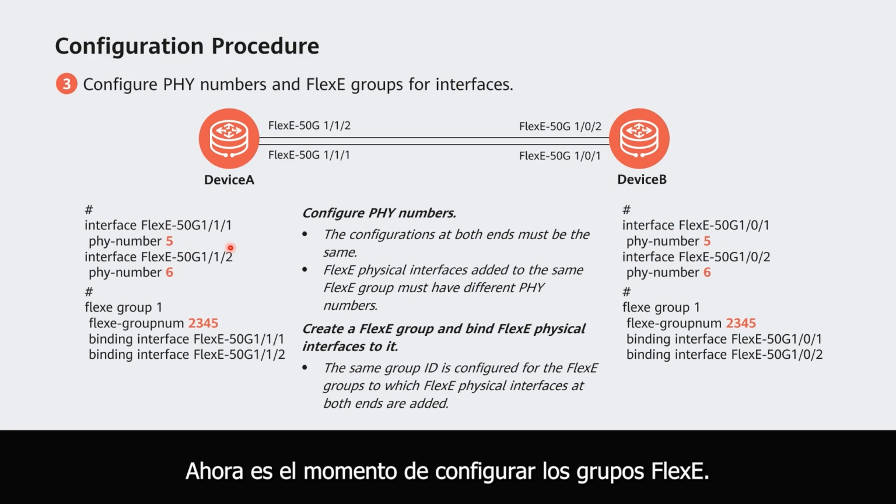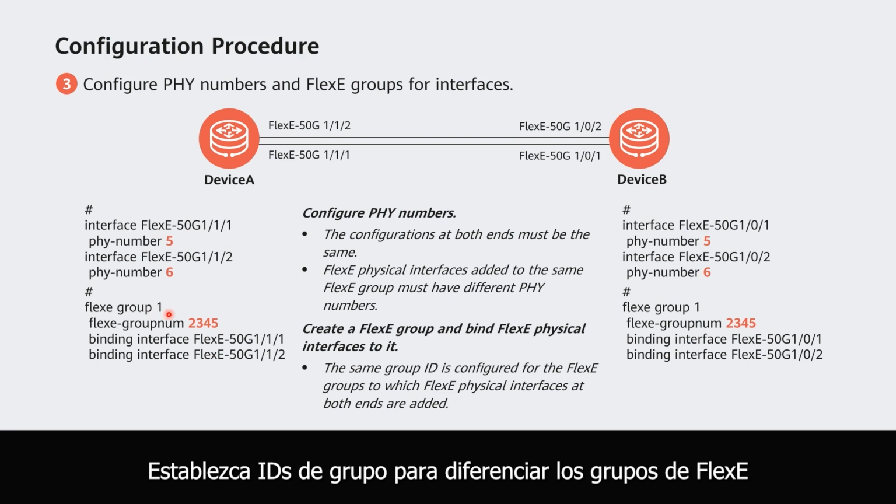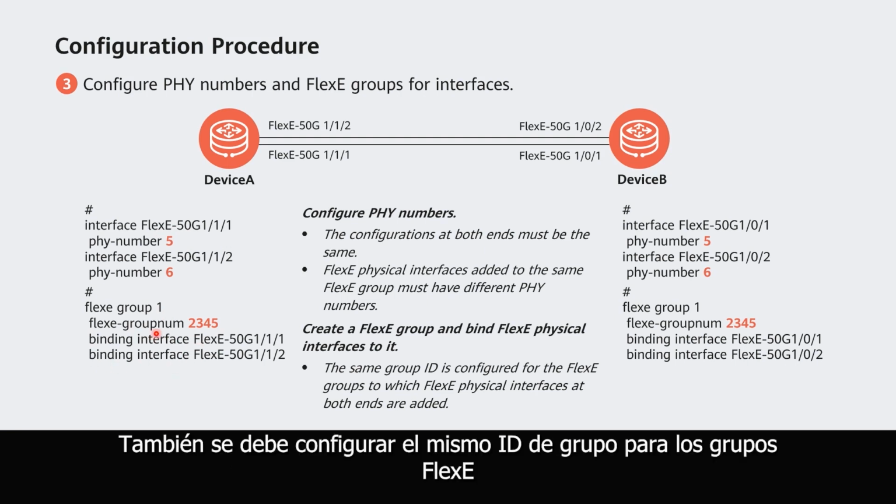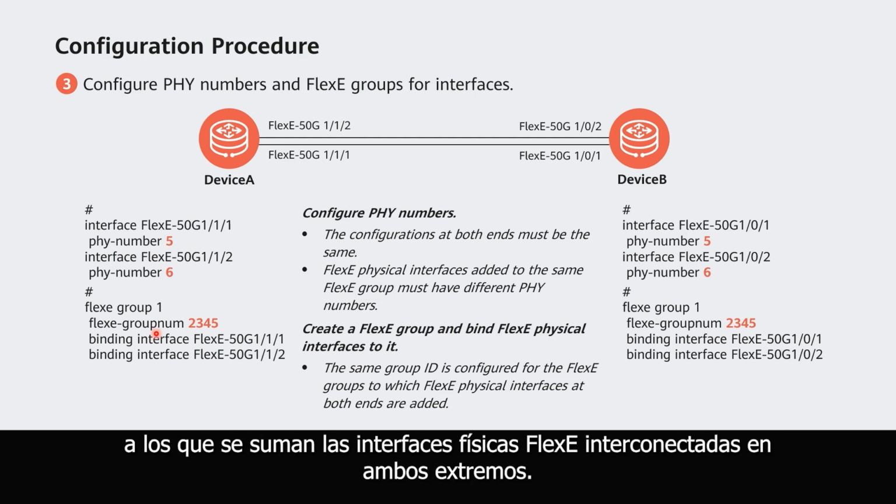Now it's time to configure FlexE groups. Set group IDs to differentiate FlexE groups and bind physical interfaces to the groups. The same group ID must also be configured for the FlexE groups to which the interconnected FlexE physical interfaces at both ends are added.